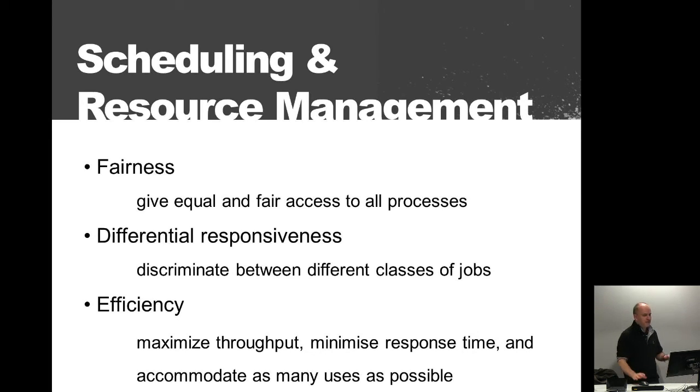And you need to find a compromise between those criteria, because if you discriminate, you are not going to be fair. It's not possible to be fair and discriminate at the same time. So the operating system needs to find some kind of strategy, where there is some discrimination, but at the end you feel it's a fair solution.